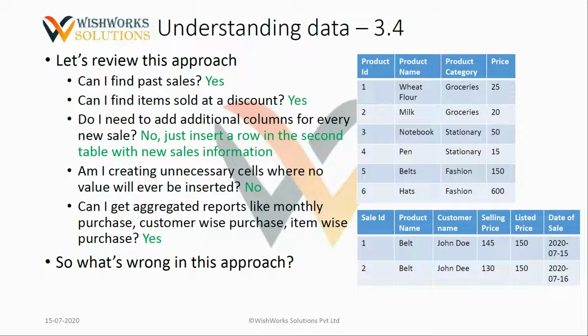The third thing is, what if two people with the same name come in, say John Doe has come on the 15th, and then another John Doe, not the same John Doe, has come on the 17th. Now if somebody asks me at what price John Doe purchased, I'll just simply aggregate both the John Does and show it.